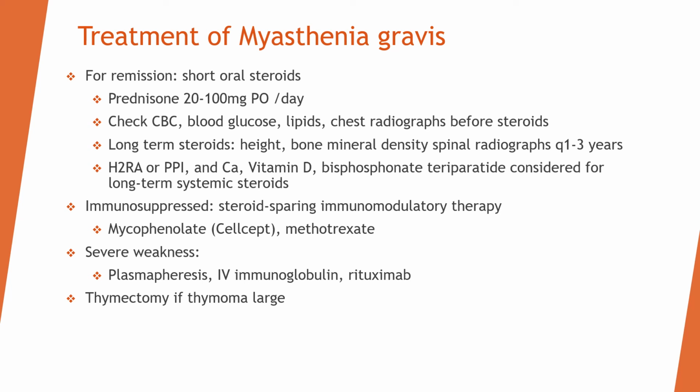For severe weakness, consider plasmapheresis to filter out those autoantibodies. Give IV immunoglobulin and rituximab. Thymectomy is done if thymoma is found.